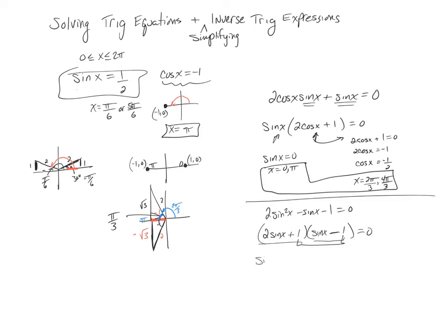This guy is going to yield sine of x equals negative 1/2, and this one would yield sine of x equals 1. Think about your circle again. Sine is negative 1/2. That's kind of similar to this example we looked at up here. Sine would be negative 1/2 down here and down here.